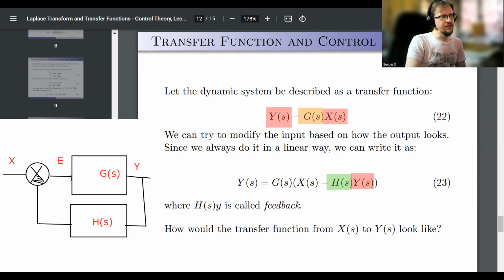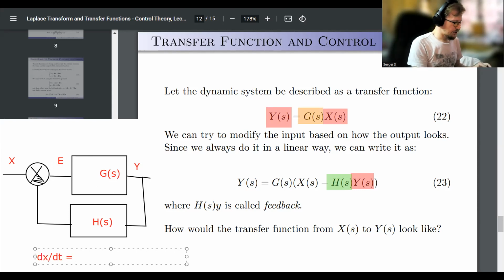And this is what we can try to do to implement our control. Previously, we remember what we tried to do is just say u equals minus kx. So our closed loop system looked like x dot equals (a minus bk)x. So let me just write it down. Previously, what we said is dx/dt will be equal to this plus bu.